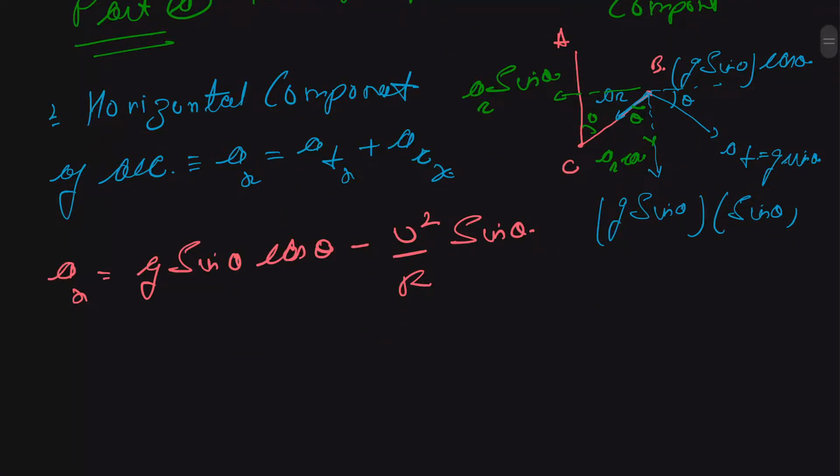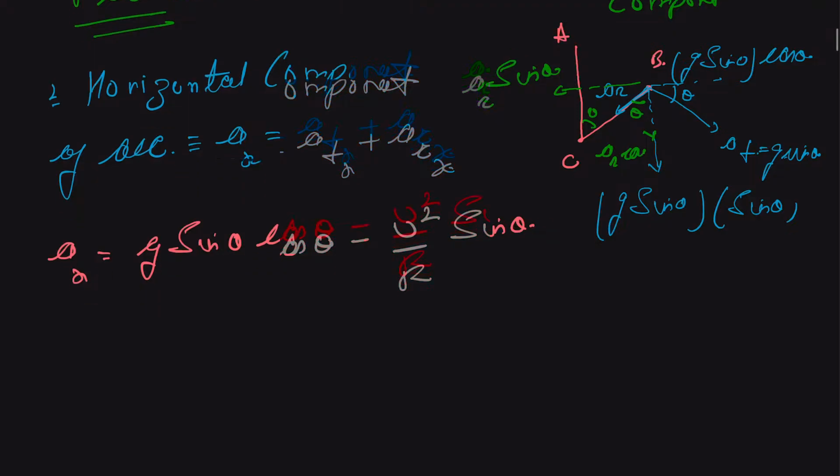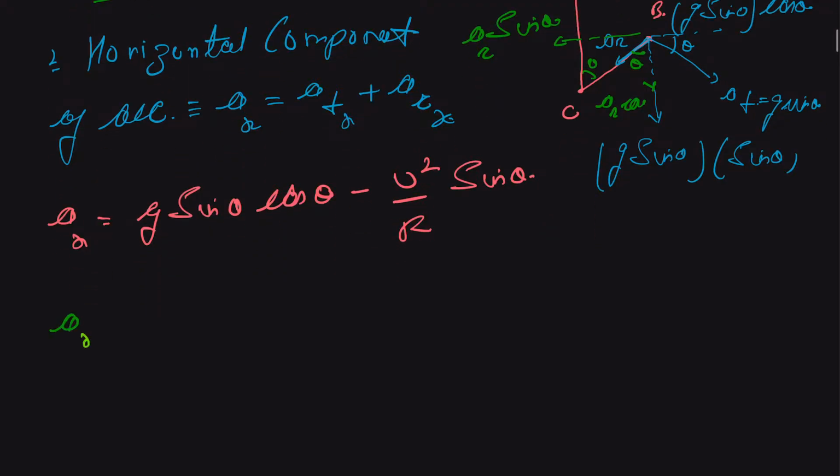We can take sine of theta as common, therefore a of x will be equal to sine of theta times g cos of theta minus v square upon r. So this is the horizontal component of the acceleration.